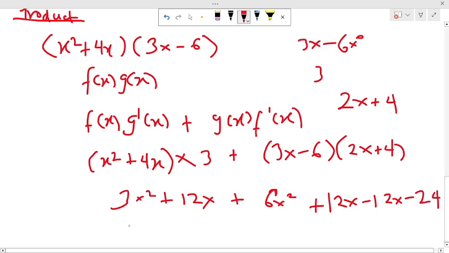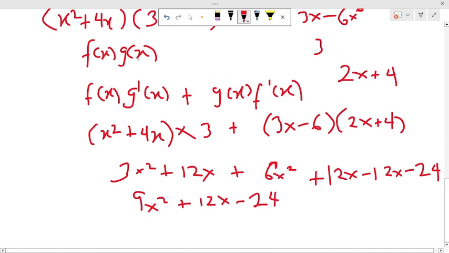So I'll get the final answer to be 9x squared plus 12x minus 24 as my final derivative of this expression.